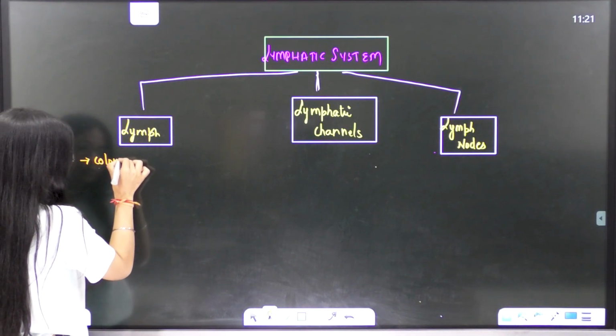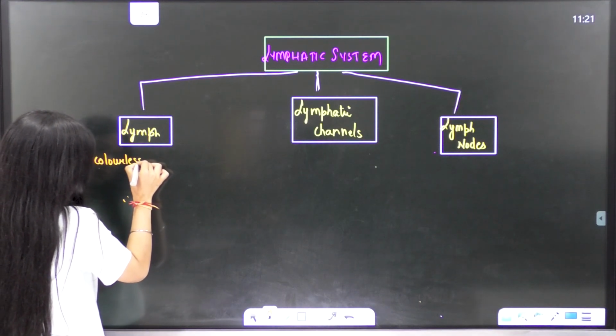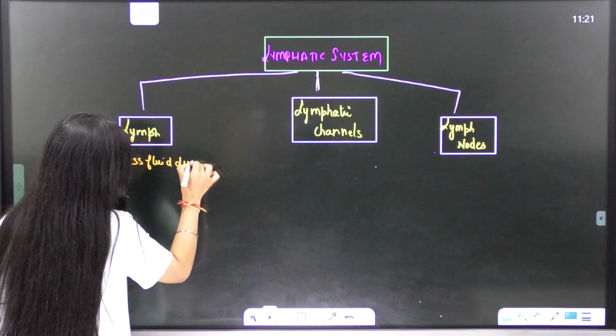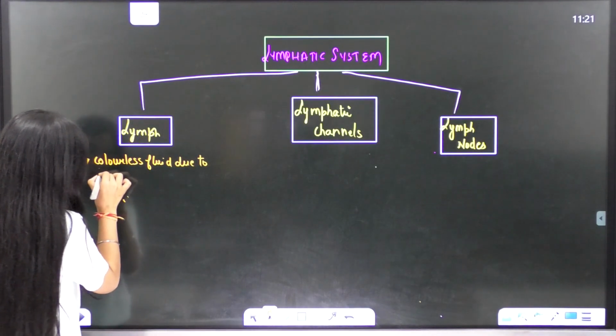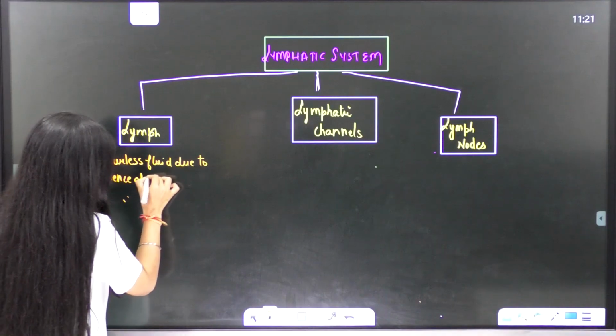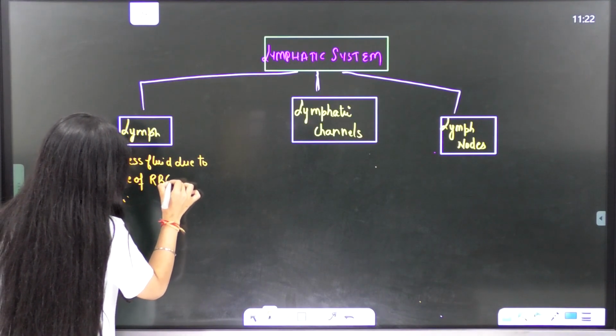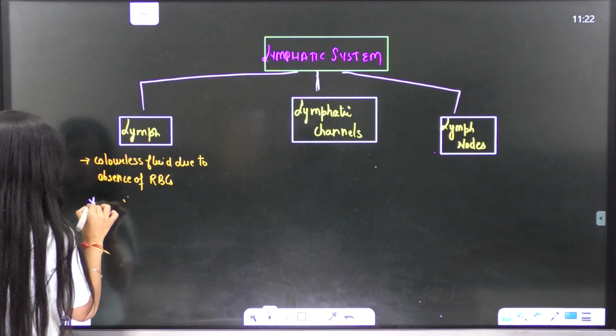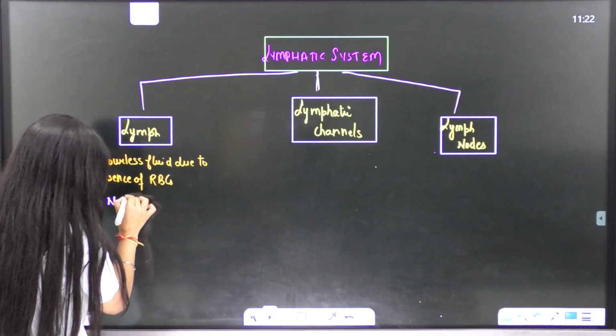Colorless fluid due to absence of RBC. So, no RBC, they do not have RBC.